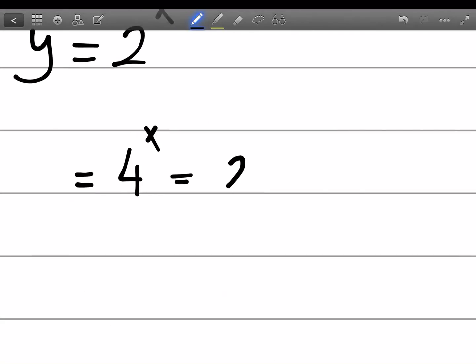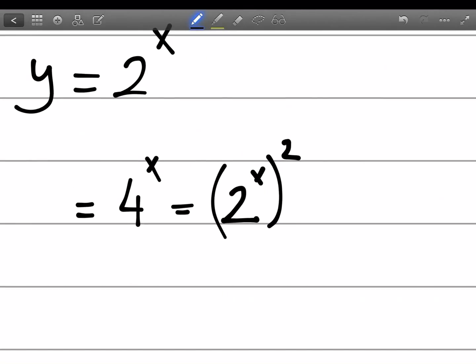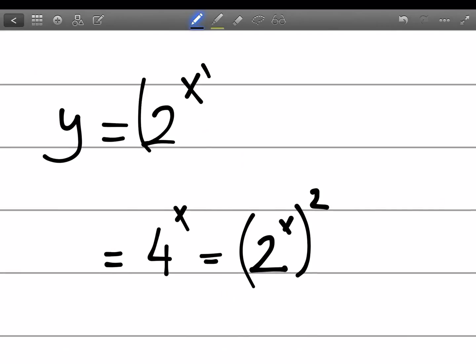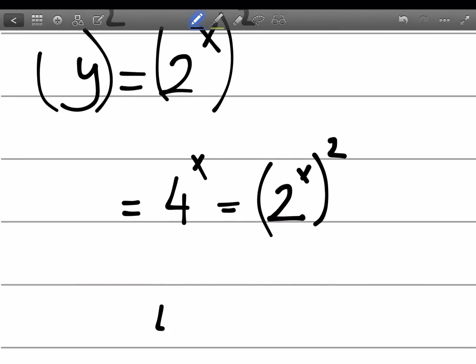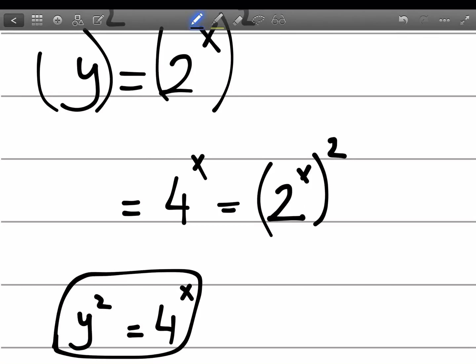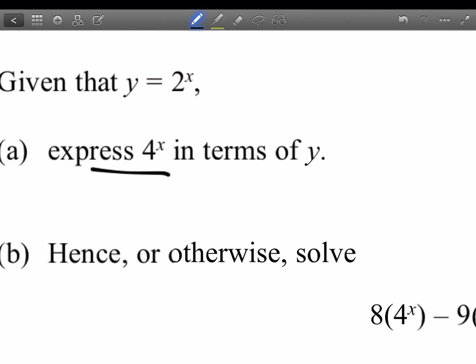It means 2 to the power of x, to the power 2. That means we have to take the square of both sides. Then we have 4 to the power x as y to the power 2, y squared. The answer is y squared.